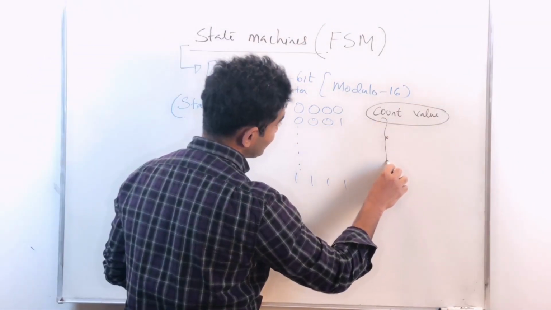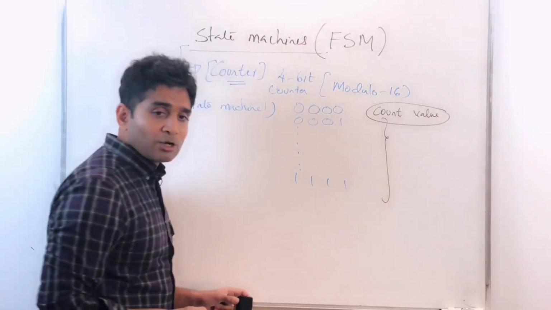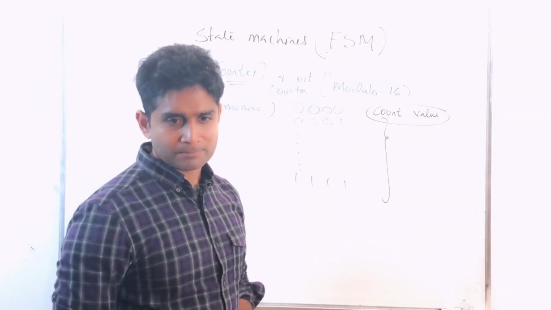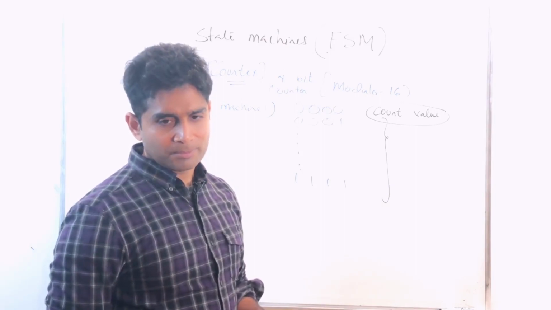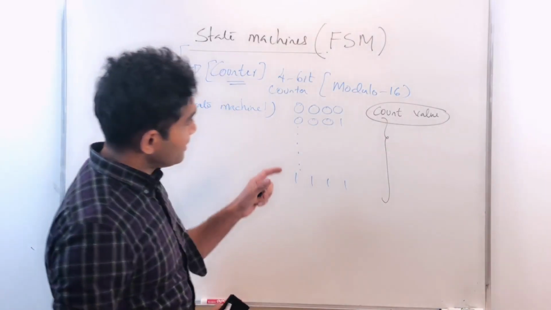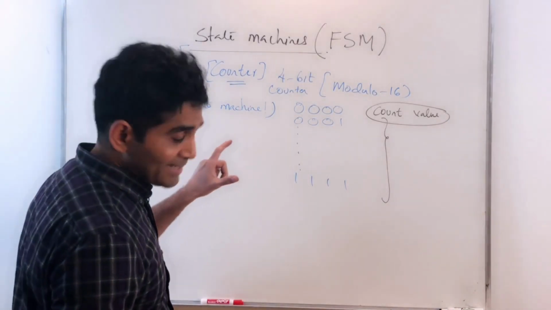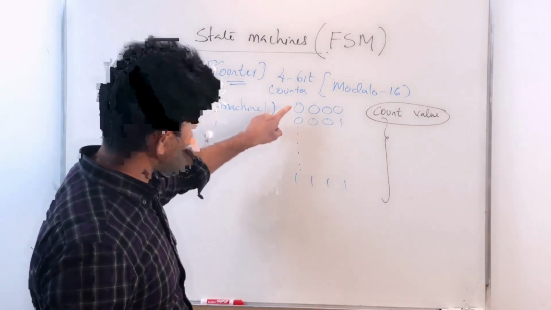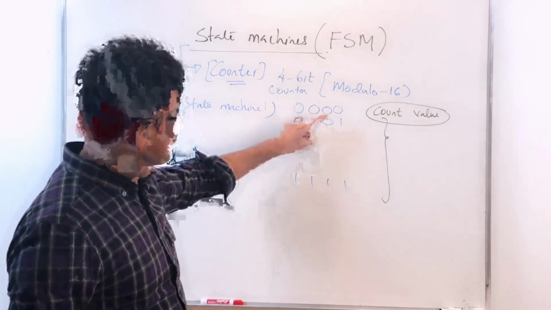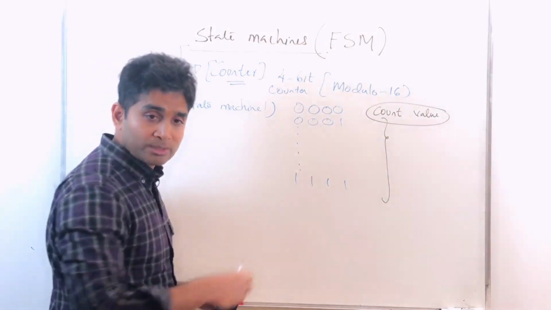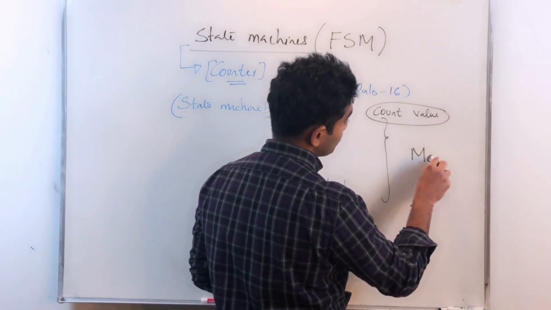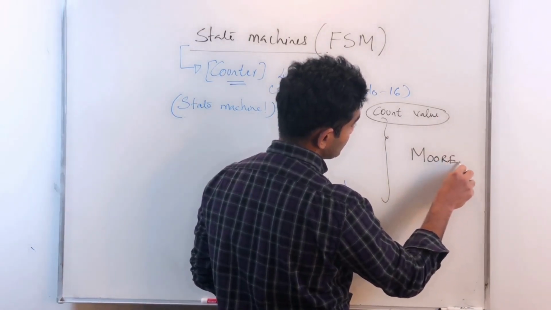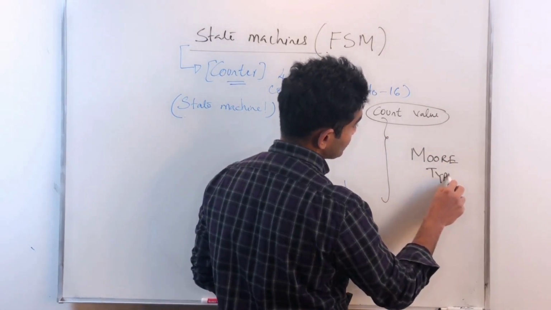Would you design this as a Mealy type state machine or a Moore type? I'm considering the count itself as my state, and of course the count itself is the output of that counter. So in this case, my obvious choice would be to choose the Moore type. So the counter would be a Moore type state machine.